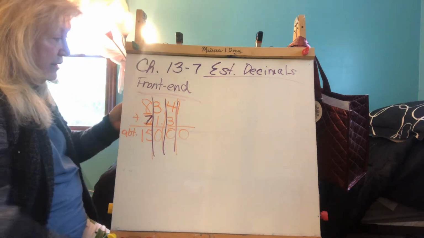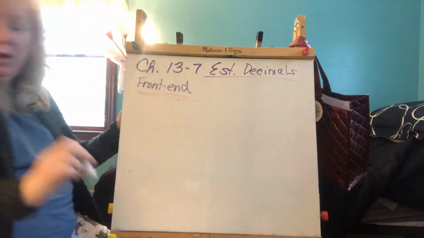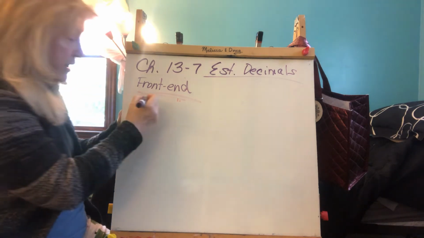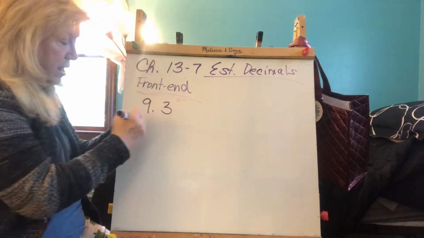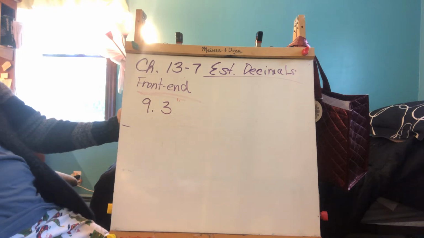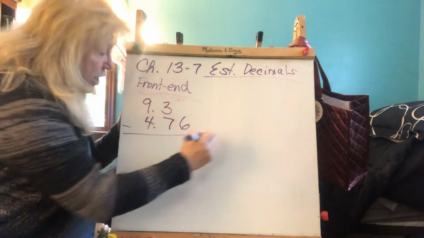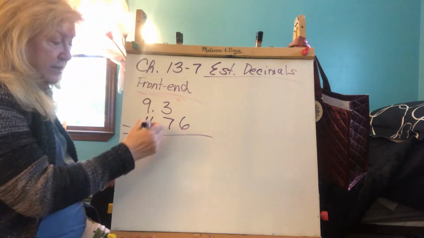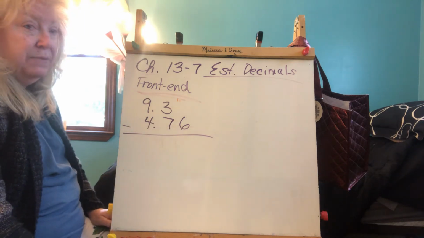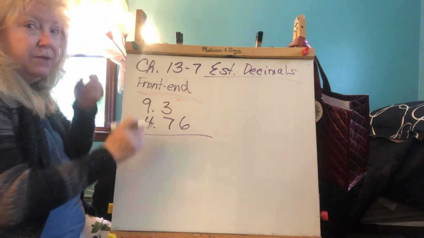Another example that your book gives you, let's try a subtraction problem this time. What if you were given 9 and 3 tenths minus 4 and 76 hundredths? Notice how I've lined up all my digits based on the decimal place. You do the exact same thing. Just because this has 3 digits and this only has 2 doesn't mean that this bottom number is bigger.